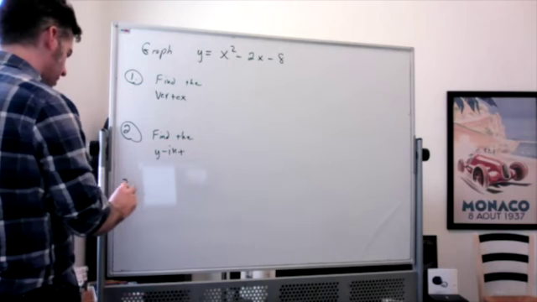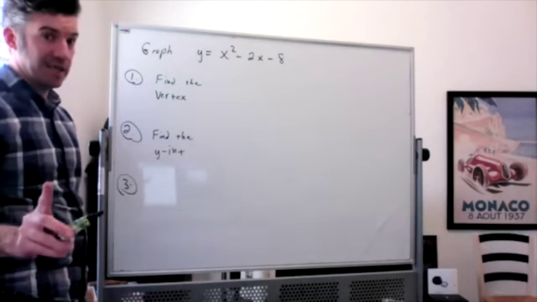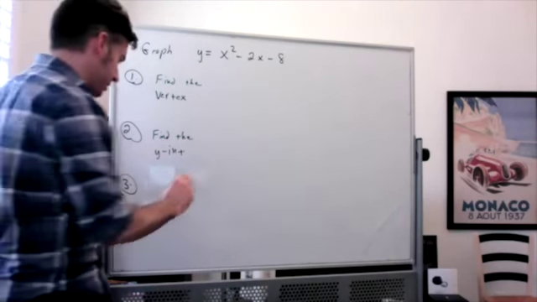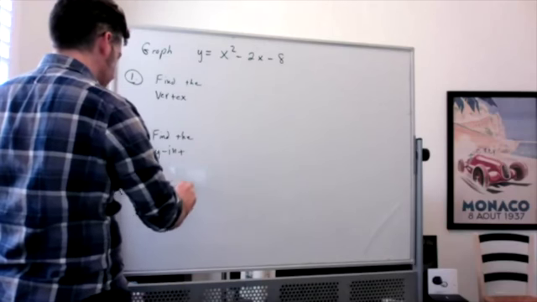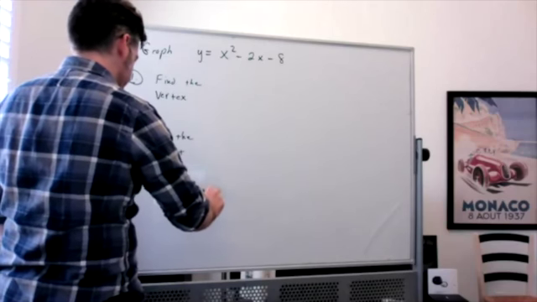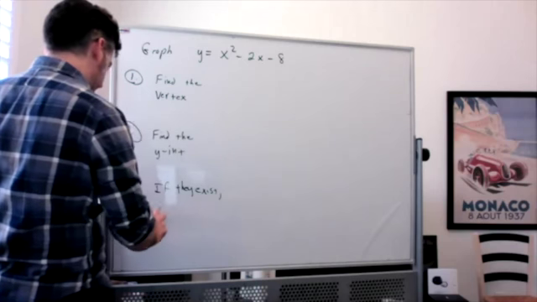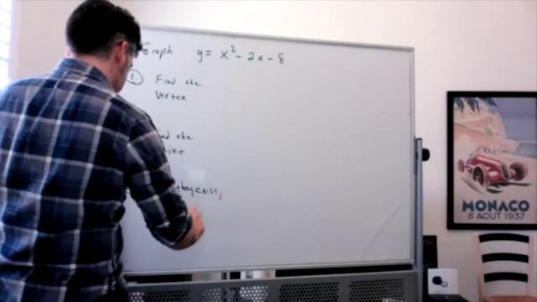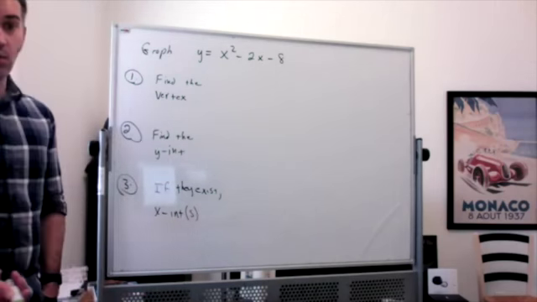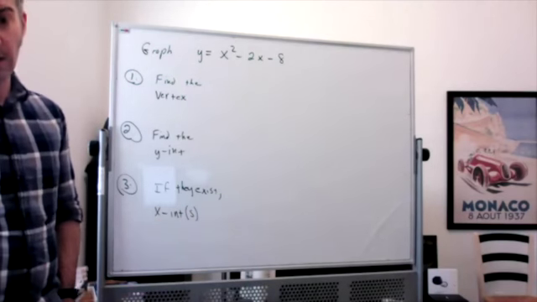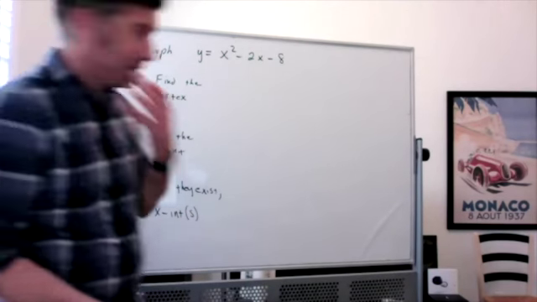And 3, if they exist, which they don't always, find the x-intercepts, of which there may be 1, or there may be 2, or there may be none.